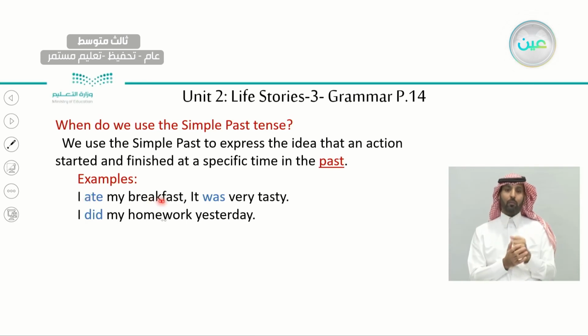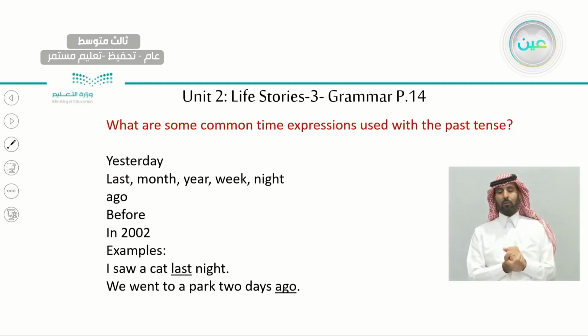I ate my breakfast. It was very tasty. Another example, I did my homework yesterday, okay? This is how we use the simple past to talk about things we did in the past, but we know when we did it. We know it's yesterday, not before, okay?